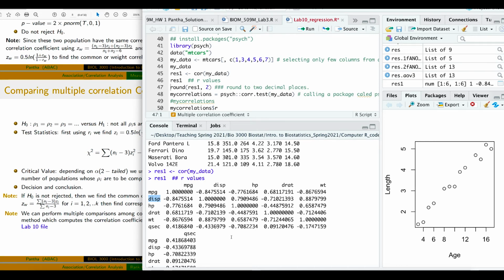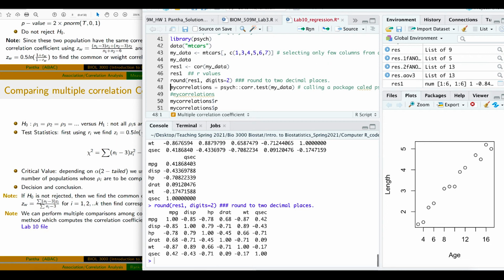Since all these are given in 7 or 8 decimals, I am rounding result 1 to 2 decimal places only. You see that? HP and MPG are negatively associated.